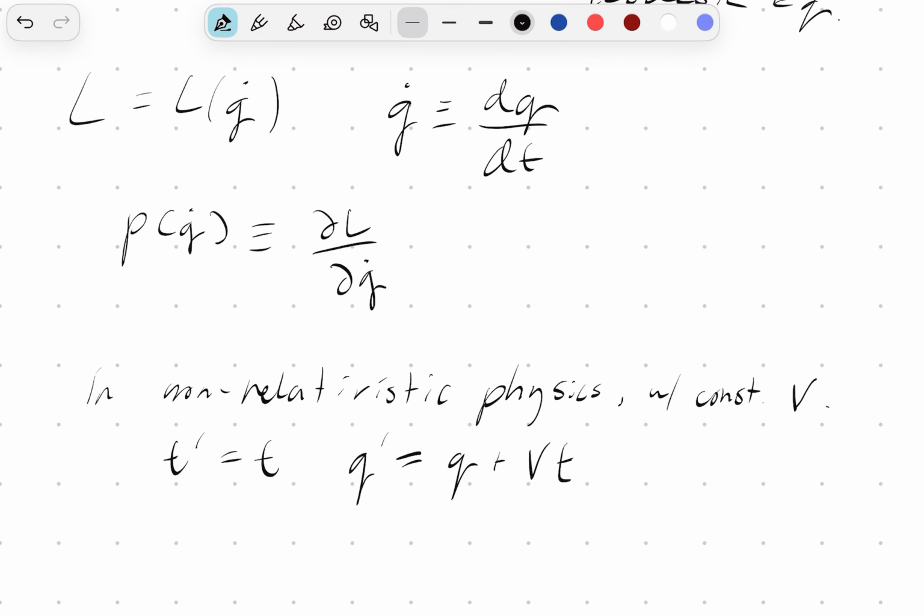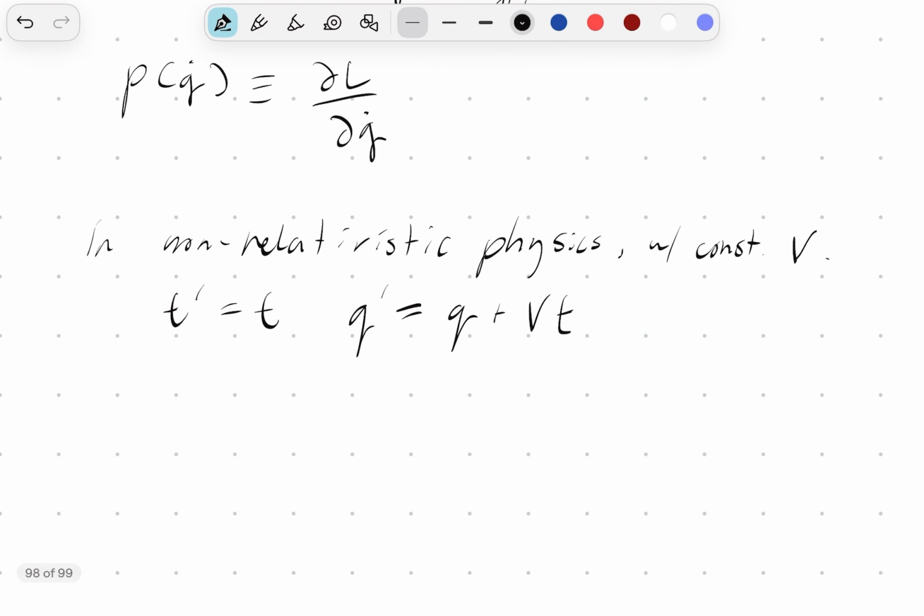And so the entire system just makes sure that the velocities add. So q prime is equivalent to q plus vt.